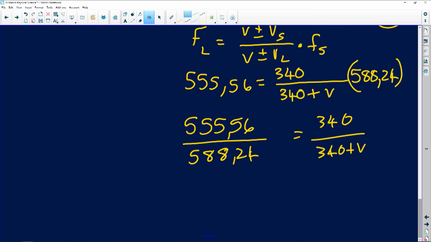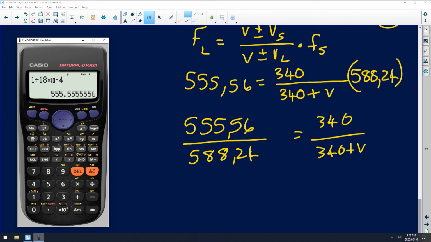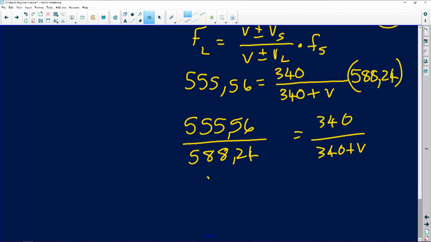We're going to make this simple. Let's just multiply this out quickly. So 555.56 divided by 588.24 gives us 0.944. And now what I want to do is just to simplify it. So let us take the 340 plus V across, so it is equal to 340.